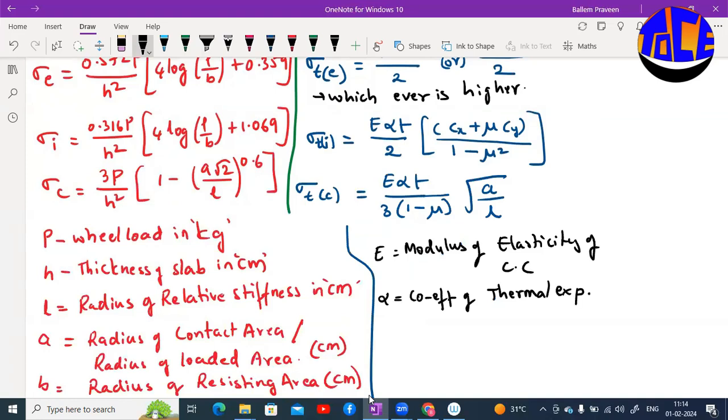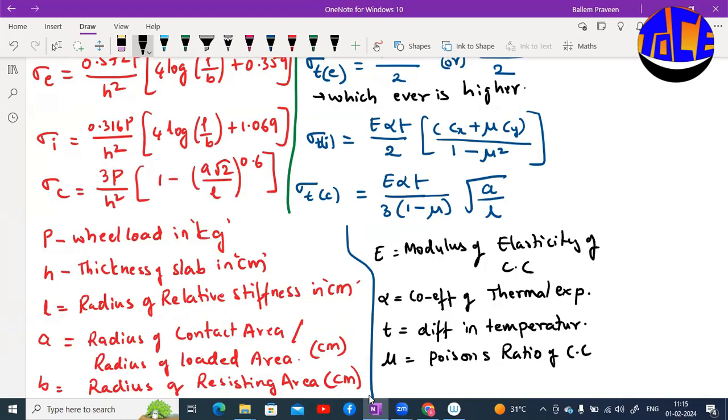T is the temperature variation or difference in temperature. Nu is the Poisson's ratio of cement concrete. A is the radius of contact area, and L is the radius of relative stiffness.